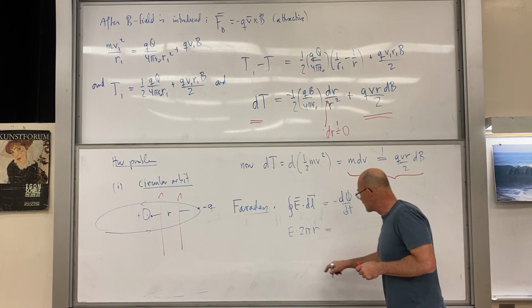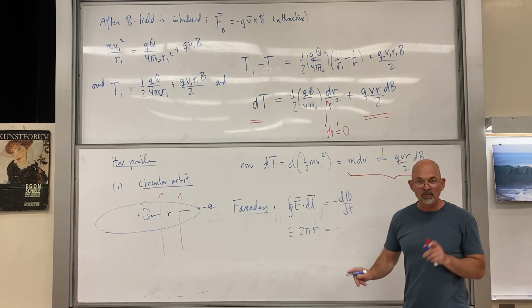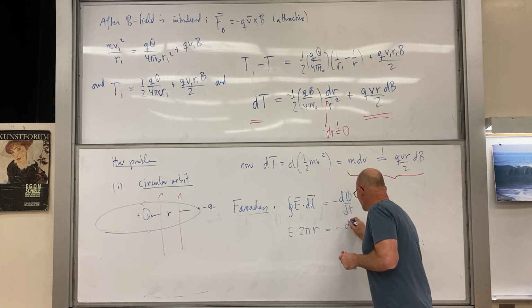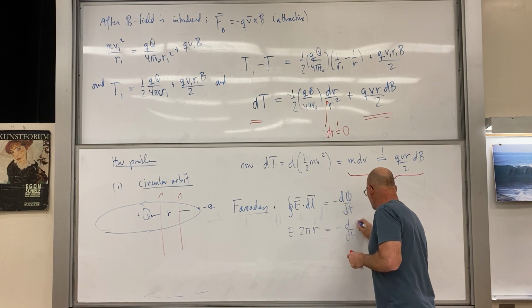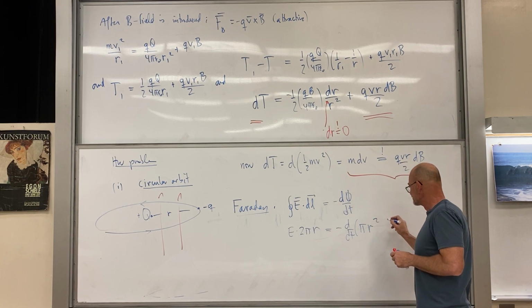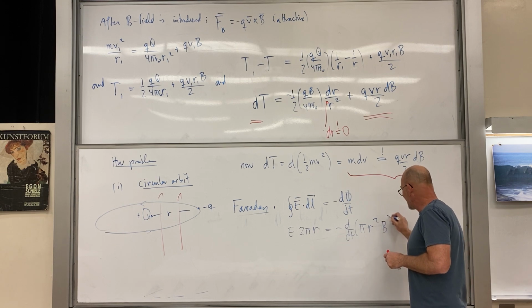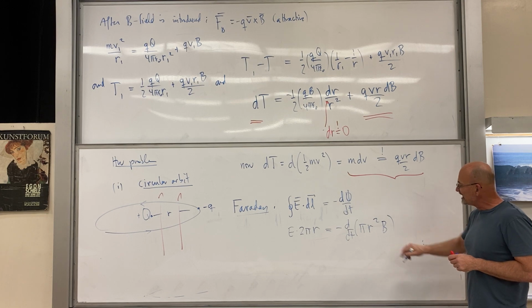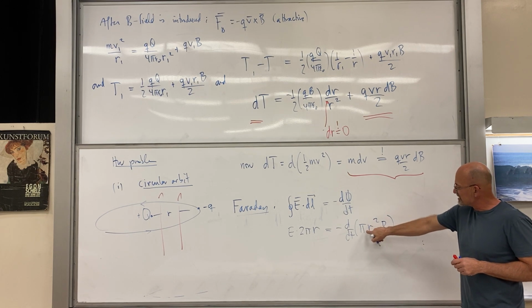These are just the magnitudes. I'll keep the minus sign here. We can work on the directions. So that's going to be d dt of this pi r squared of B. Now, any change in r would be infinitesimal.